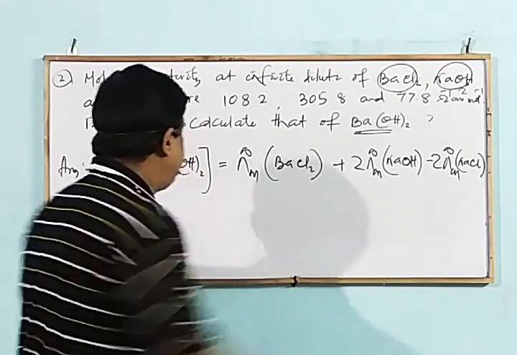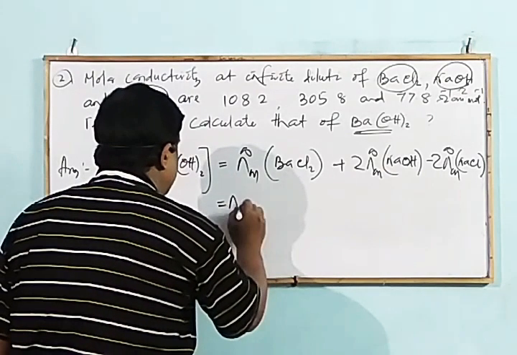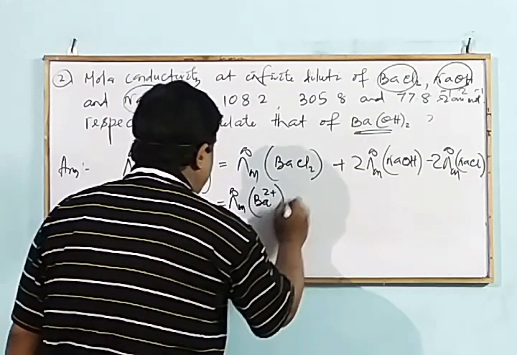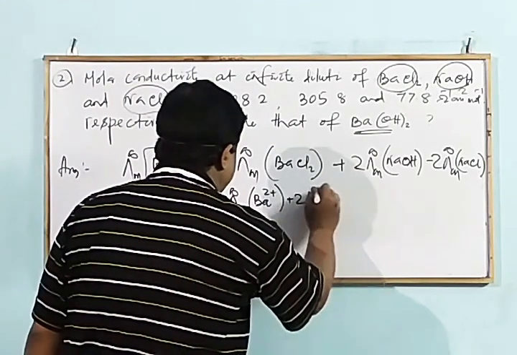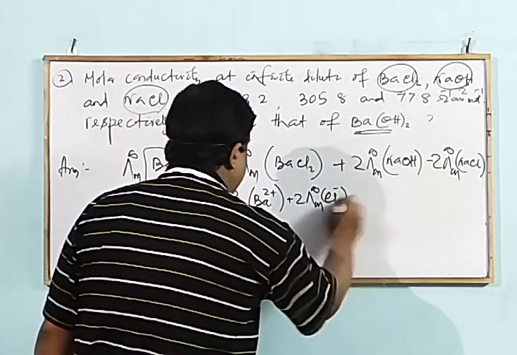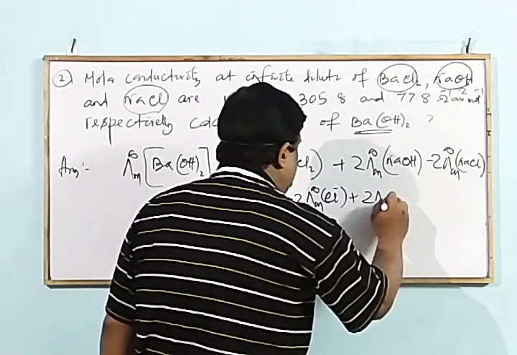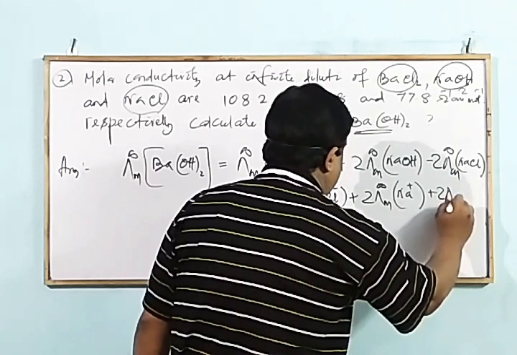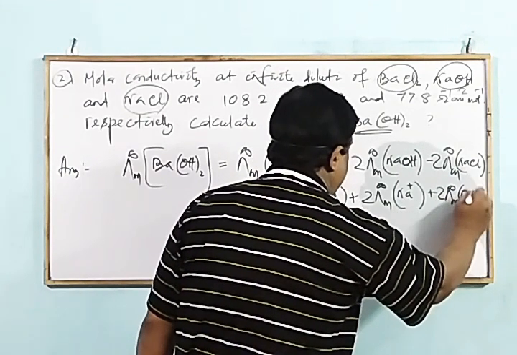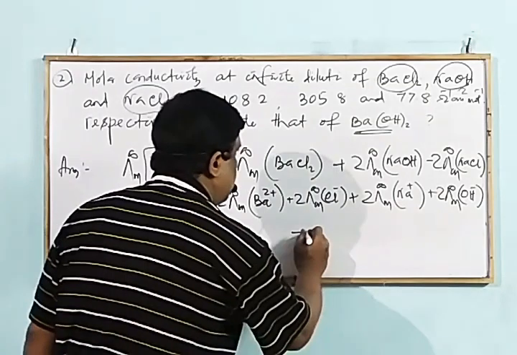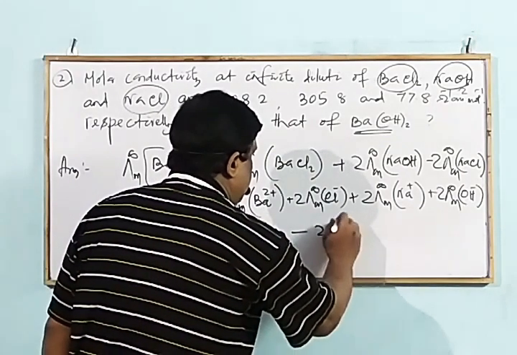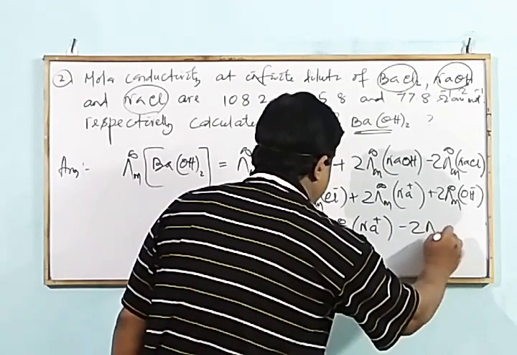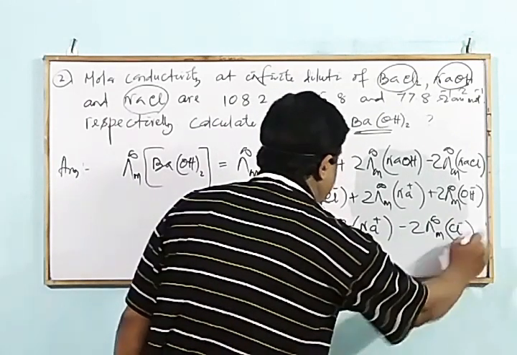Let us verify. This is equivalent to molar conductivity at infinite dilution of barium ion plus 2 times that of chloride ion, plus 2 times that of sodium ion plus 2 times that of hydroxide ion, minus 2 times that of sodium ion and minus 2 times that of chloride ion.